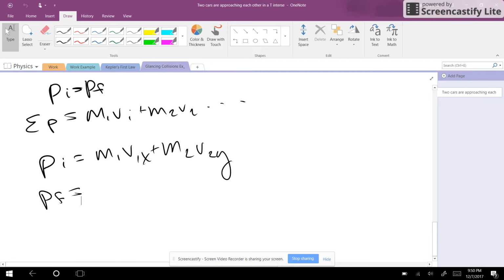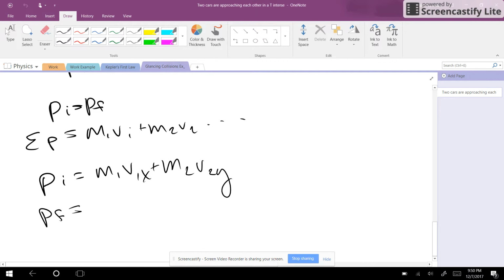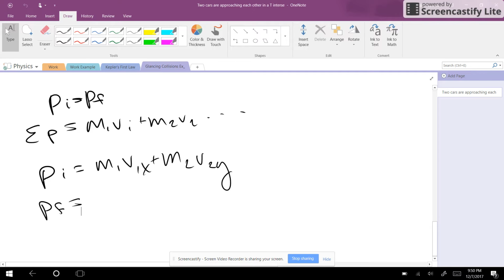VF for both of them is going to be the same, so we can just say m1 VF plus m2 VF.